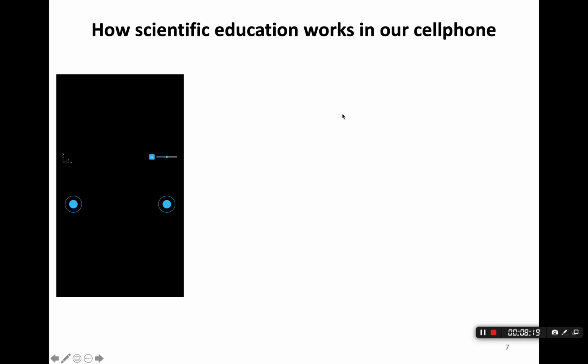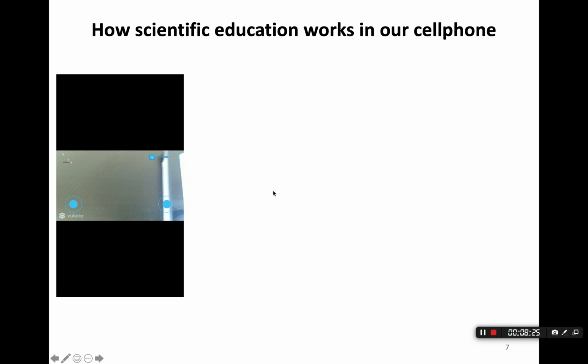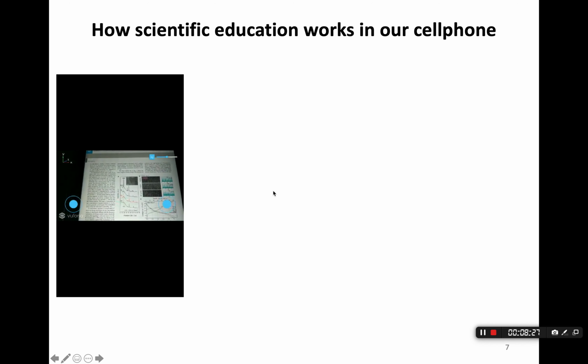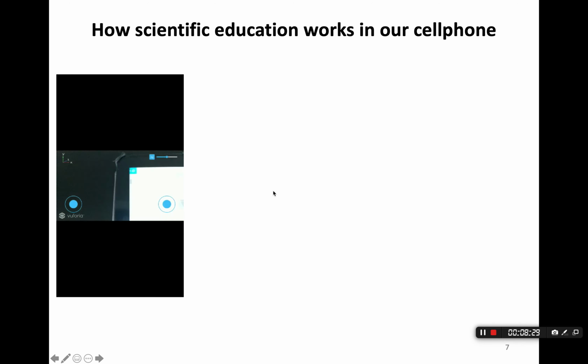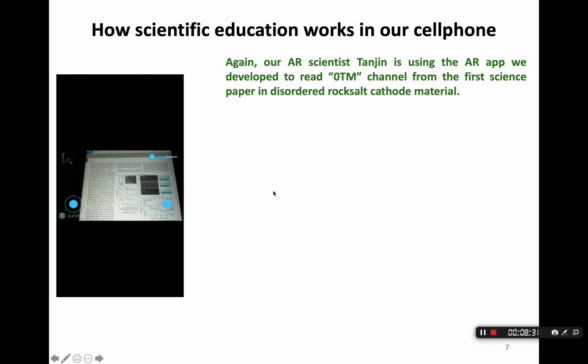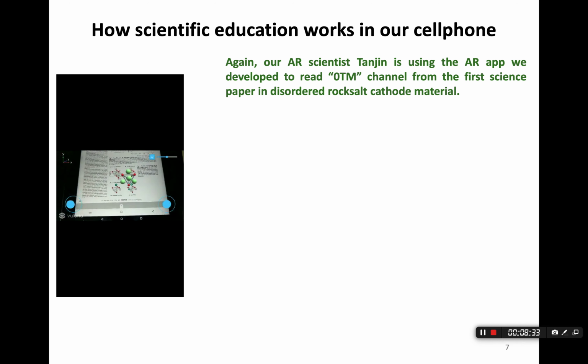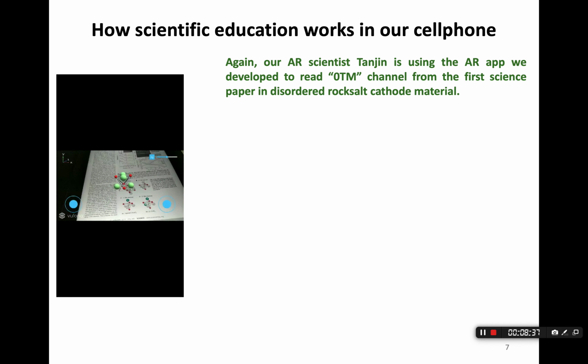Again, we designed this augmented reality to help us better understand atomic structures and also materials science. Here my colleague Tanjing is using this augmented reality app to understand the complicated 0-TM percolation network of a new lithium-ion battery cathode material, which is called the disordered oxide materials.